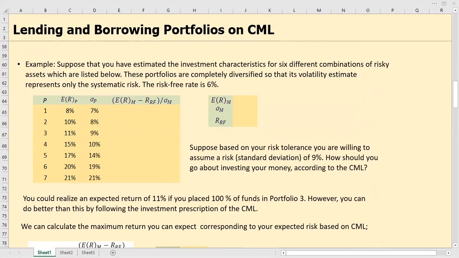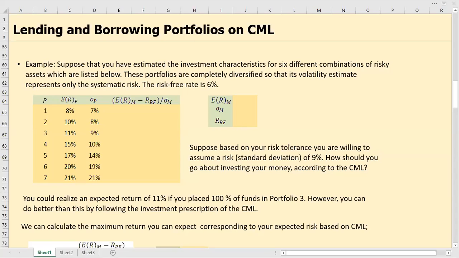Suppose that you have estimated the investment characteristics of 6 different combinations of risky assets which are listed below, right? Then these portfolios are completely diversified so that their volatility estimates represent only the systematic risk. The risk-free rate is 6%.